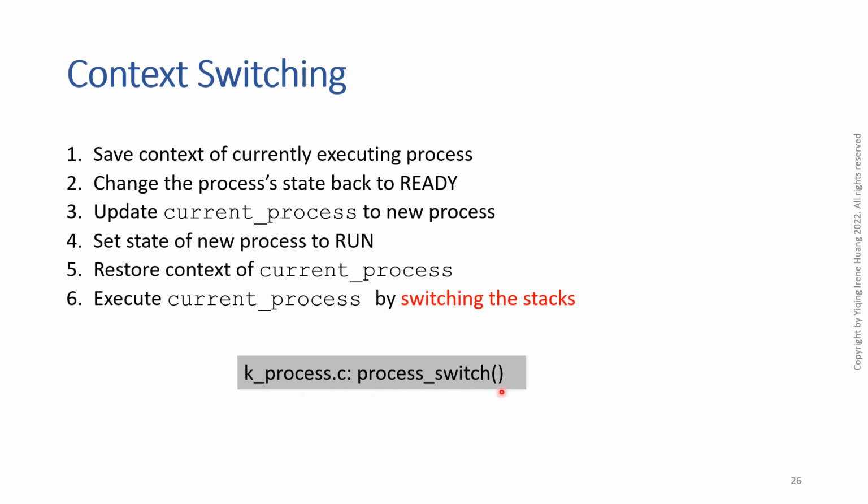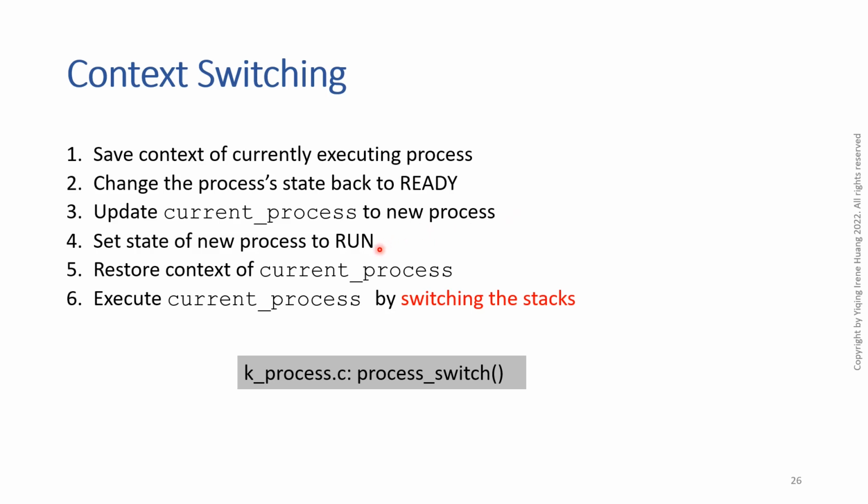It's called process_switch. The pseudocode basically means we first save the current running process's context. Then we change the process's state back to ready. Then we need to update the current process to the newly selected ready process that is selected by the scheduler.